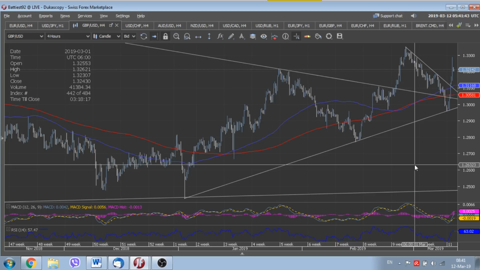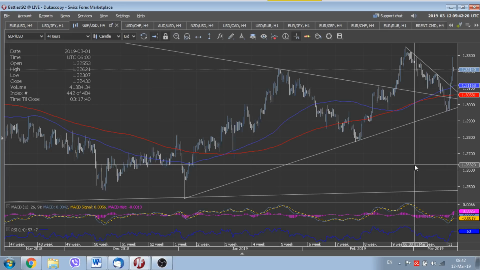From that point of view, today's UK Parliament vote could be really tricky, because during previous votes we absolutely knew that Theresa May would lose, but now the situation is a little bit different. So today is a really interesting and tricky day for the British pound.